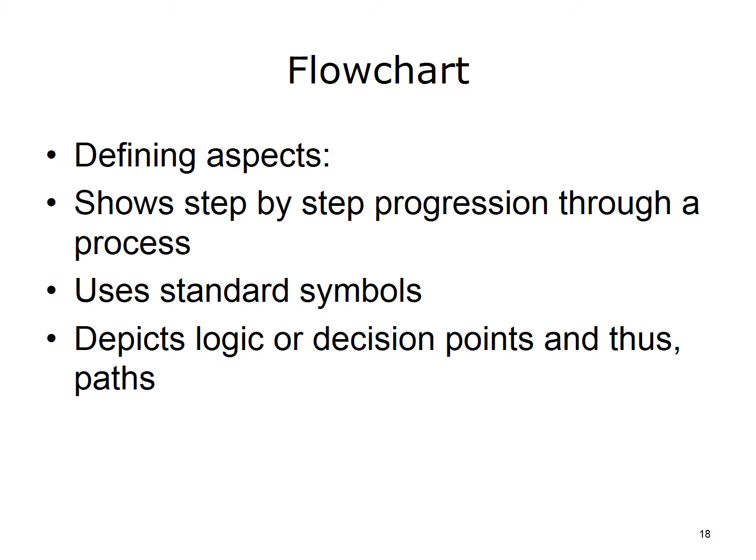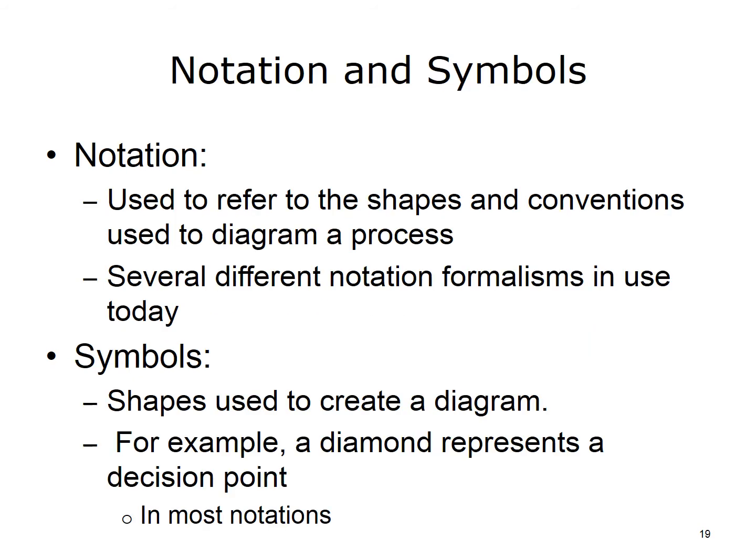Most of the symbols needed to create flowcharts are included in word processing, drawing, and presentation software packages, such as the Microsoft Office packages. By notation, we mean the set of shapes and drawing conventions, for example, straight lines or curved ones, that are used to create process diagrams.